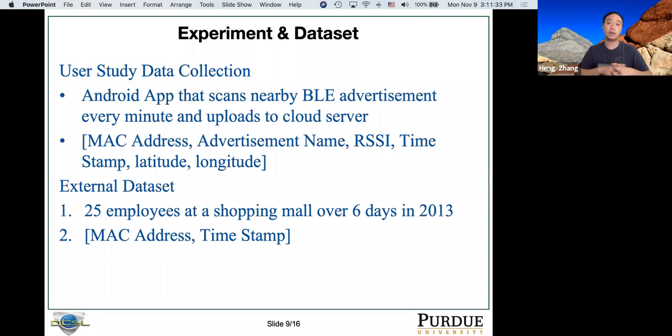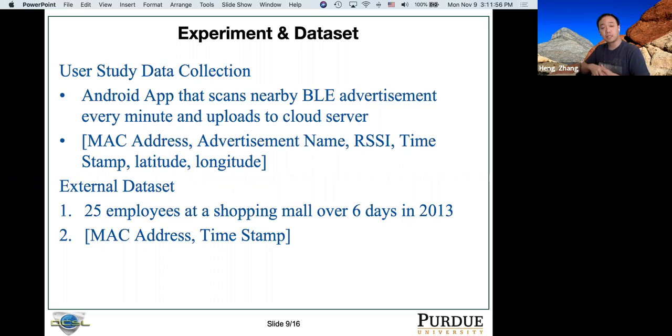It just scans nearby BLE advertisements every minute and uploads them. The information included for each scan is the MAC address of the BLE signal, the advertising name of the neighboring BLE device, the signal strength, the timestamp, and the location of the user, latitude and longitude. By the way, in the user study data, we have 50 users.